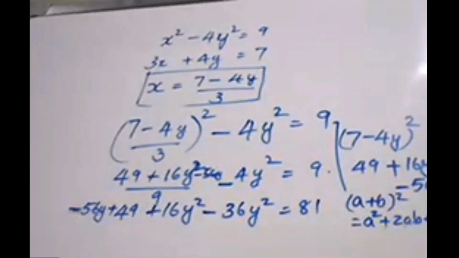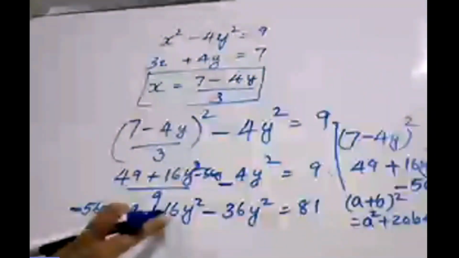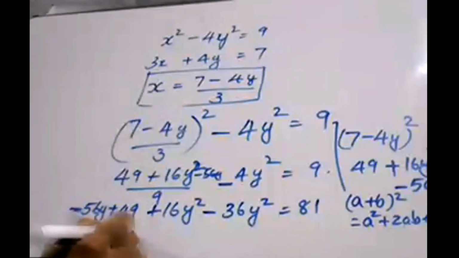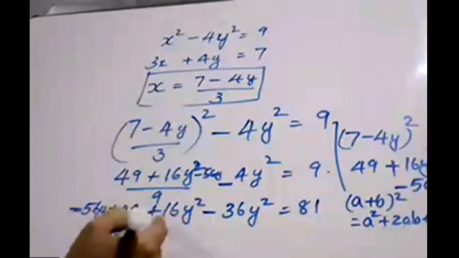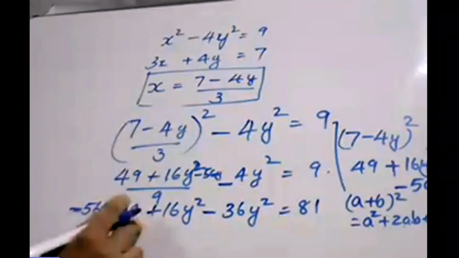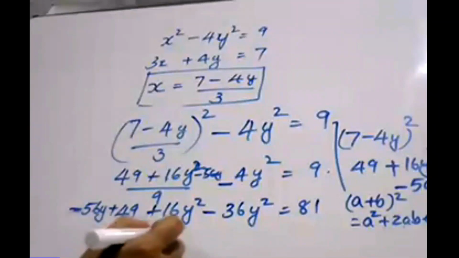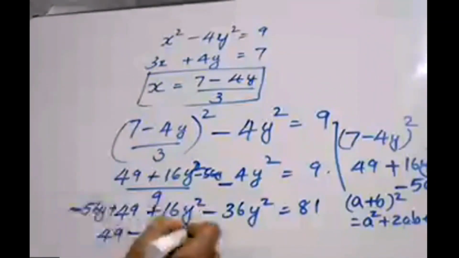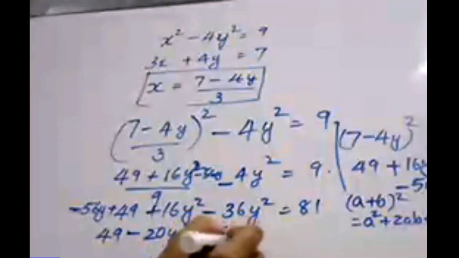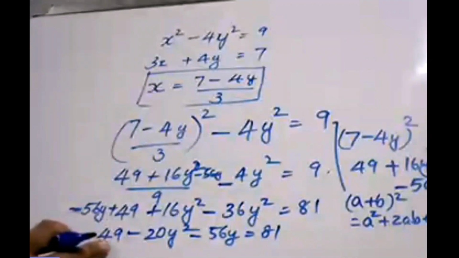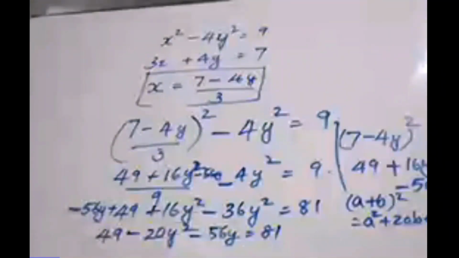So when I simplify this, I can get this as 49 plus 16y squared minus 36y squared, which is equal to negative 20y squared. Here minus 56y is equal to 81. Now I have a constant term here and a constant term here.